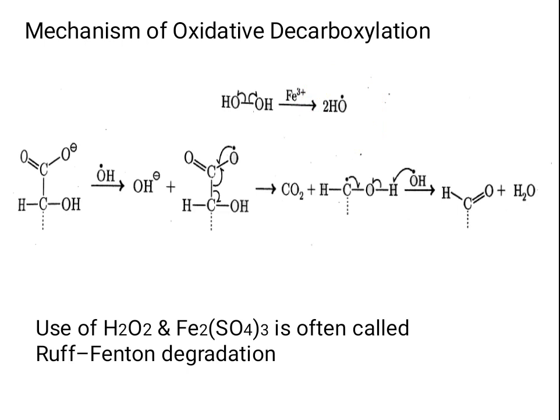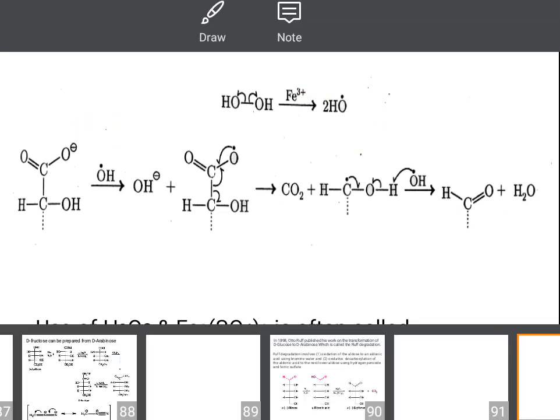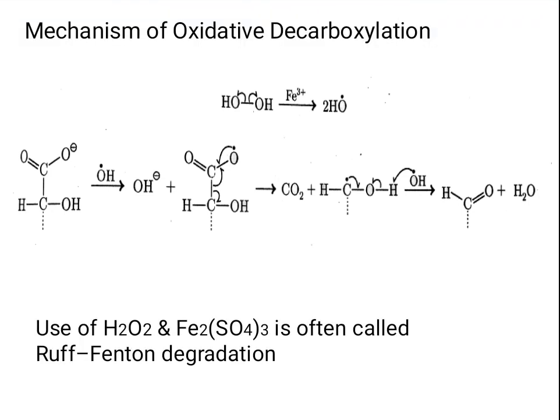And what will happen? This O minus will give its, okay, just let me draw it. This O minus will give its electron to this OH radical, and this OH will become OH minus. So by losing the electron, this O minus will be converted into an oxygen radical. Actually here the oxidation is occurring.